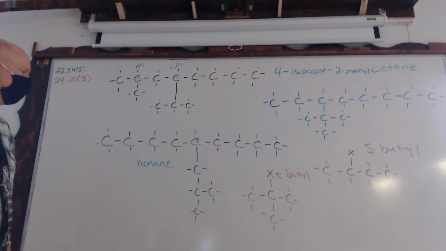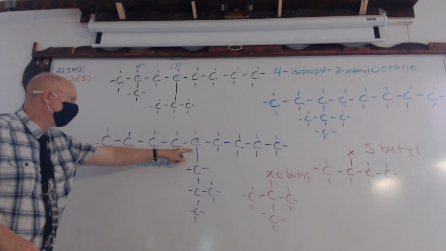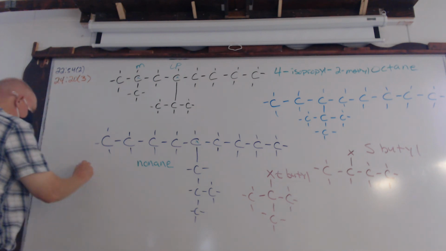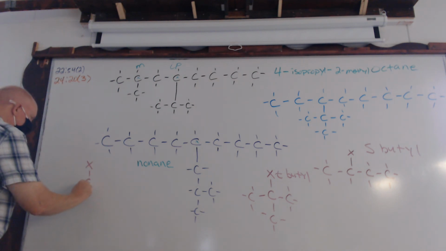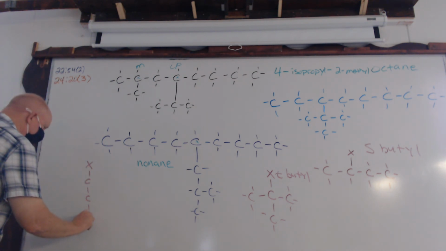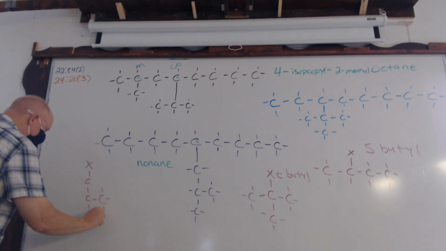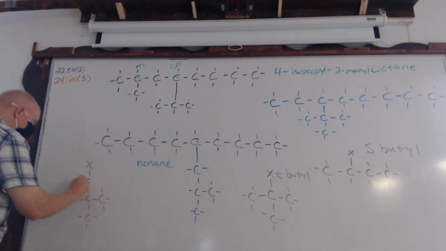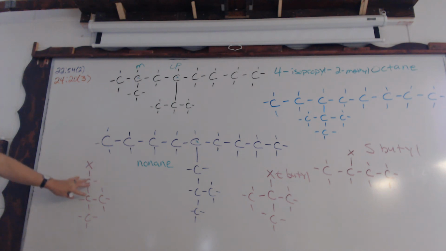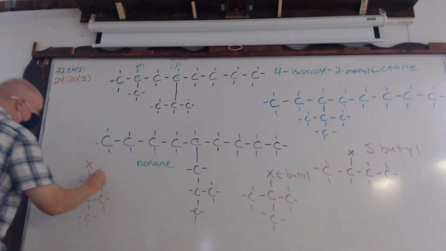And then the last one we see is this one, and that is what we call isobutyl. Again, it's got 4 carbons in the derivative. It's how they attach to the parent chain that keeps them separate. So again, this one is isobutyl.